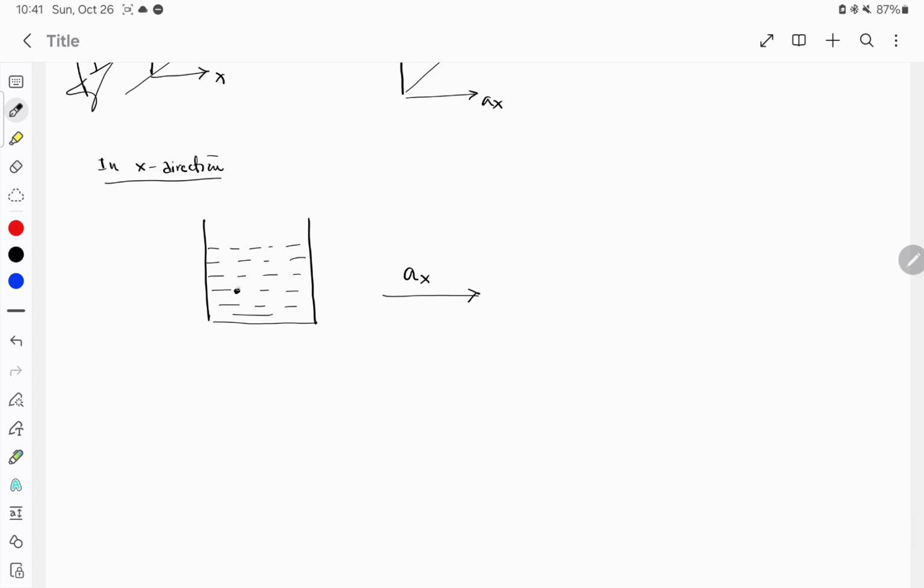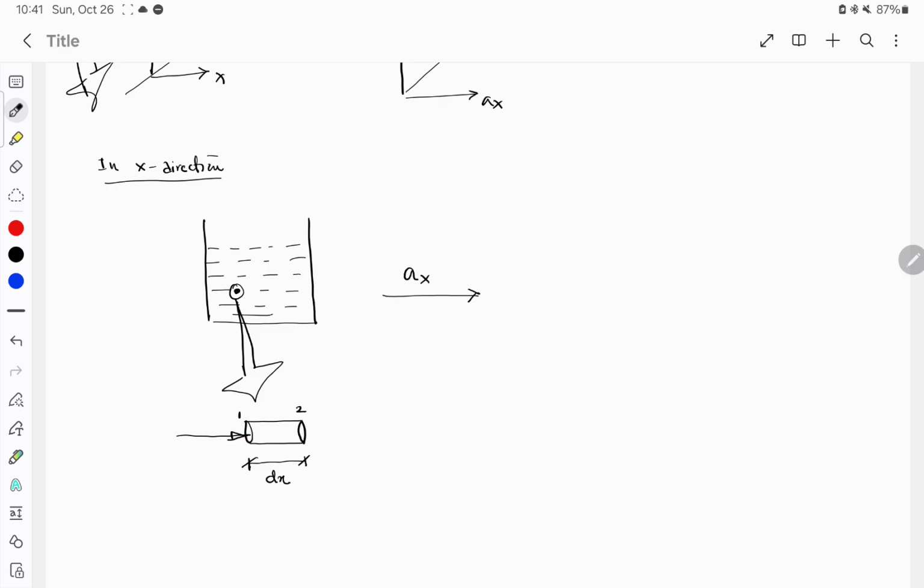If I take a small point here and magnify it, let's make it a cylinder. For any part of a whole body, we take an infinitesimally small strip. Let us take an infinitesimally small strip dx and try to see whether there is a change. So I'm moving from point 1 to point 2.